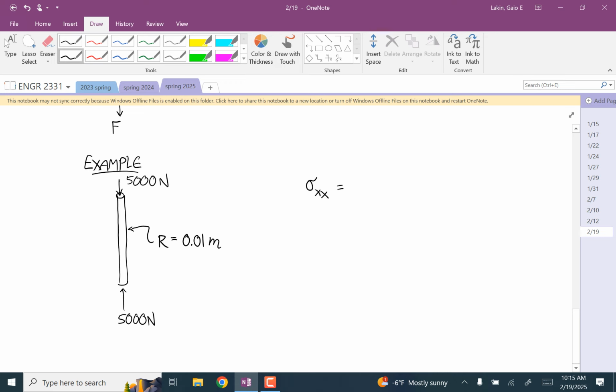Then sigma xx is equal to, so tension is positive, compression is negative, so this is going to be negative 5,000 divided by pi times 0.01 squared. And that gives negative 1.59 times 10 to the 7 pascals.